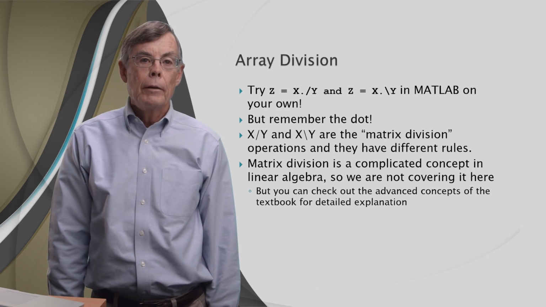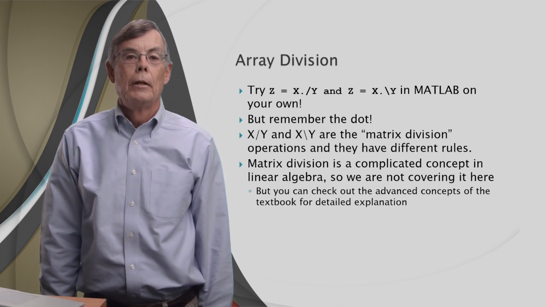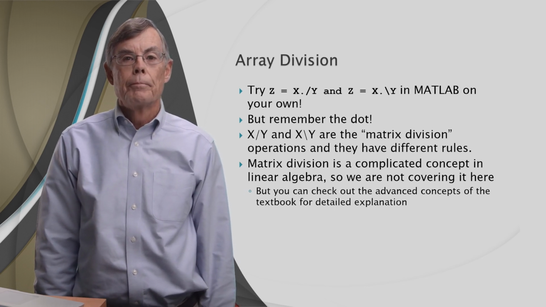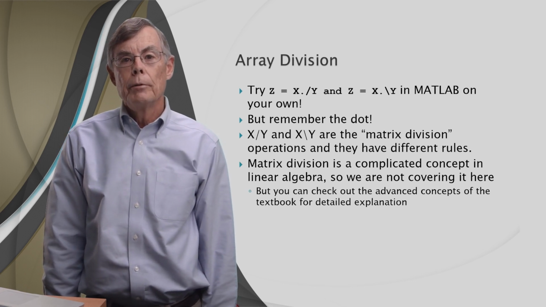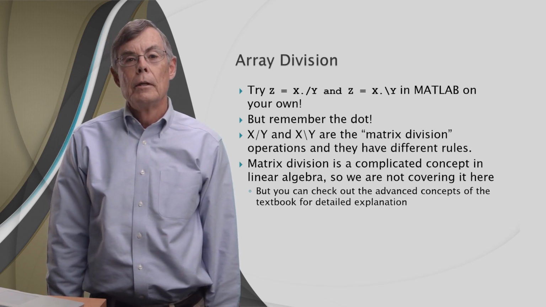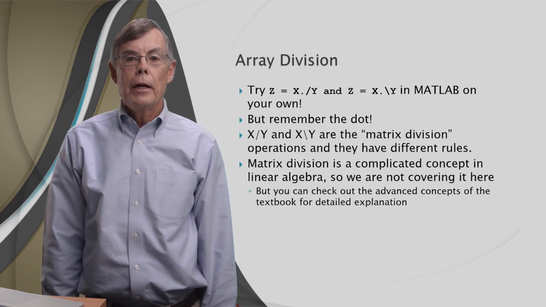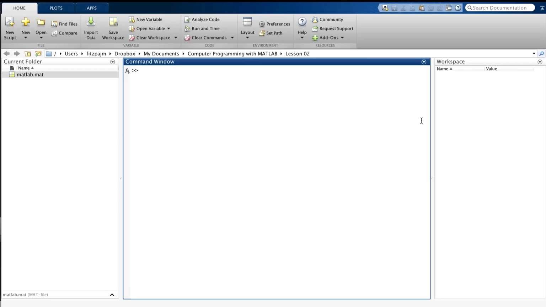If you leave the dot out, then you're in a strange new territory called matrix division. Matrix division has different rules completely. In fact, it's quite a complicated concept in linear algebra, and we're not covering it here. But if you want to check it out, you can try the advanced concepts of the textbook and get a detailed explanation.